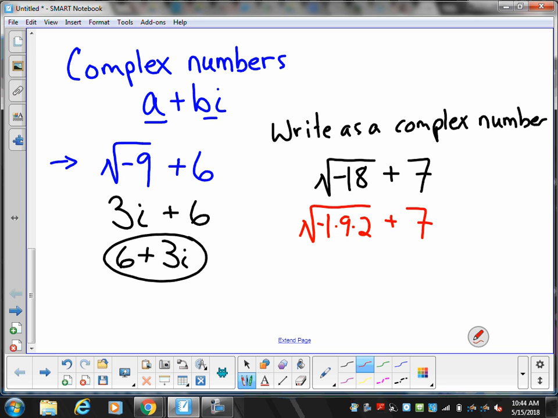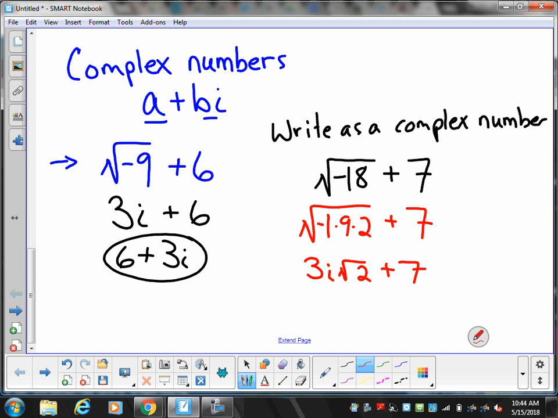Rewrite 18 as 9 times 2. Now here's a question I have.